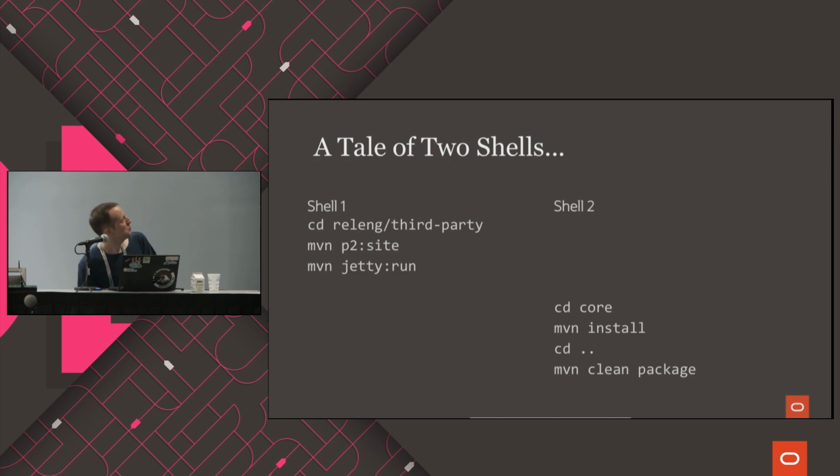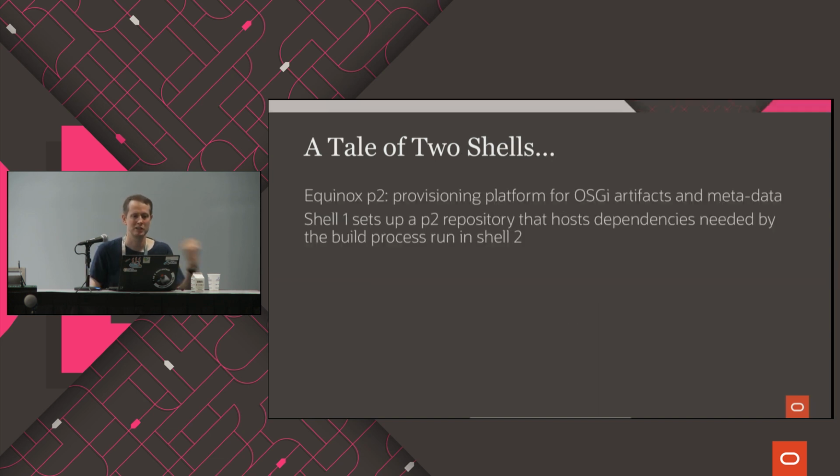So building, like I said, is really, really simple. We're going to do it right here, but you just have to open up 2 shells, so that there's one where we're setting up a P2 repository that the build process in the other shell is going to access. It's literally just, you could cut and paste these into your 2 shells after you sync everything down, and you're good to go.